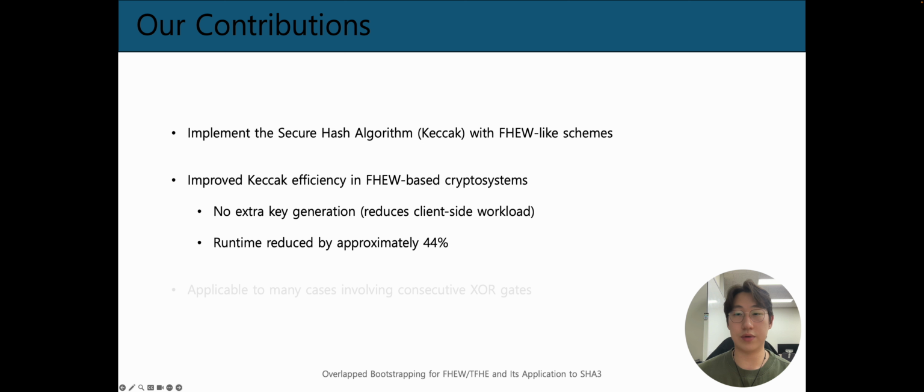Also, our method does not require additional key generation or extra evaluations, which helps keep the client's workload minimal. And moreover, our approach is not limited to this specific application. It can be applied to any computation that involves consecutive XOR gates, making it broadly useful in various fully homomorphic encryption applications.